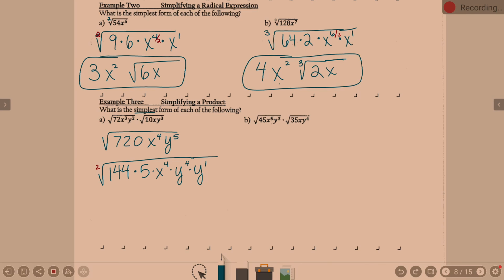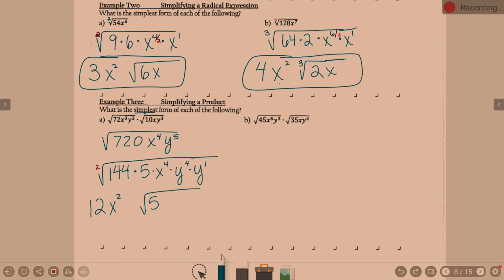Okay. Square root of 144, 12. It's going to go out front. Square root of 5, as in it's still the square root of 5, so it's going to stay under my radical. Square root of x to the fourth, 4 divided by 2 is going to be x to the second.